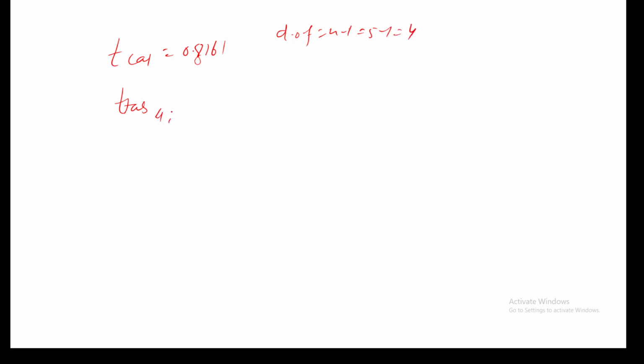At the 5% level of significance, so 4.264. Is it correct? 4.264. So T calculated is less than T tabulated, so we have to accept the null hypothesis.